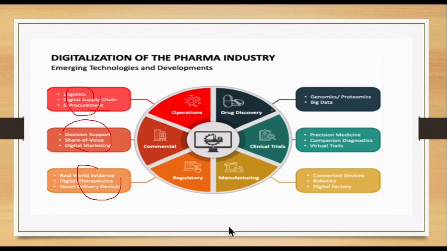So how it is going to support your operations, drug discovery, clinical trials, manufacturing, and other commercials. So genomes and protein, big data is there, big data analytics, and then precision medicine and companion diagnostics and virtual trial tariffs. Then connected devices, robotics, and digital packets. So these are digital supply chain, pharmaceutical supply chain.